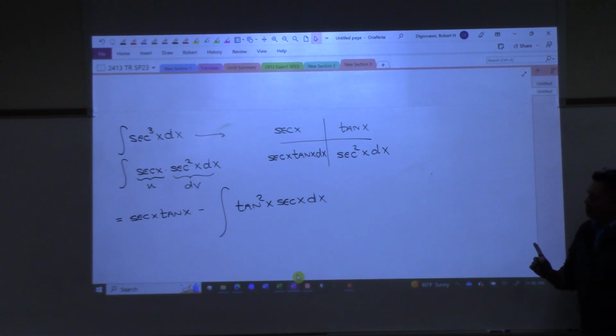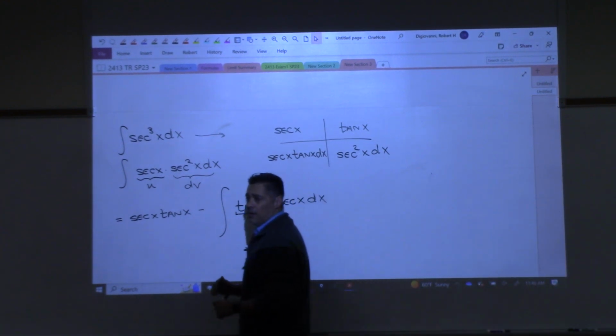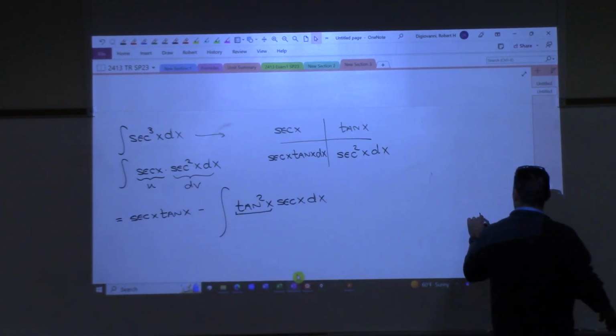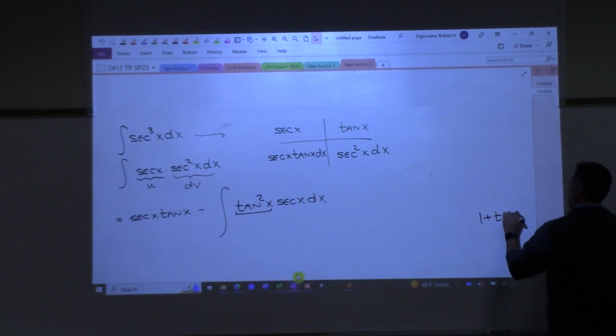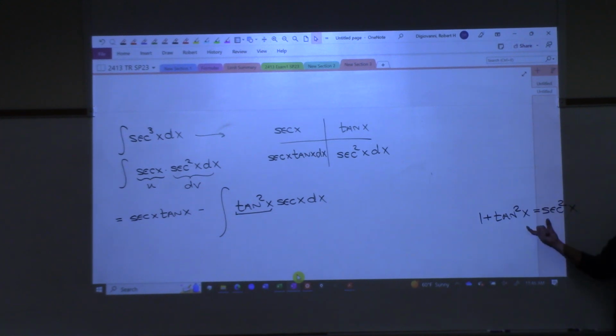So I'm going to go with the suggestion to turn this using the Pythagorean identity, one of the Pythagorean identities that I put up on the board earlier today, in the very beginning, that we should know from pre-cal. What I'm going to do is solve it for tangent squared. So I'm going to turn that into secant squared minus 1.